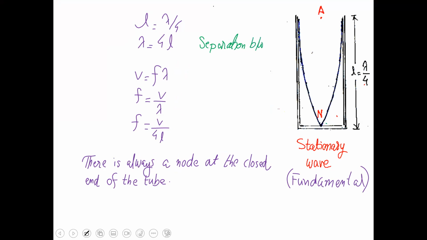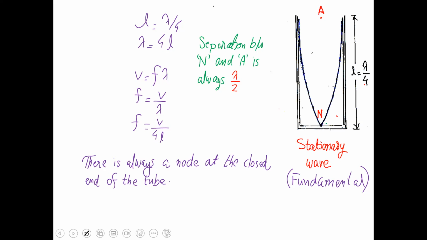So remember this concept: separation between node and node is always lambda by 2.